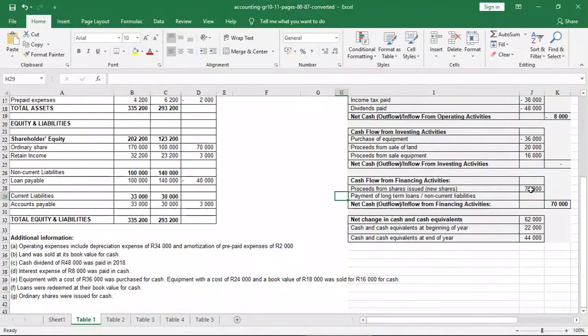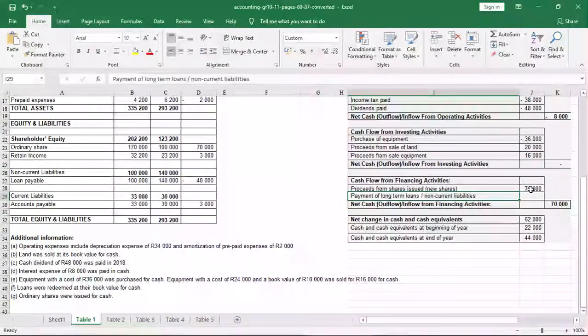And then we have payment of long-term loans, or non-current liabilities. Looking at our non-current liabilities, we see loan payable of 140,000 rand in the previous period, but it has decreased in this period to 100,000 rand. So we know there's a decrease in loan payable of 40,000 rand. So let's go to our additional information again.